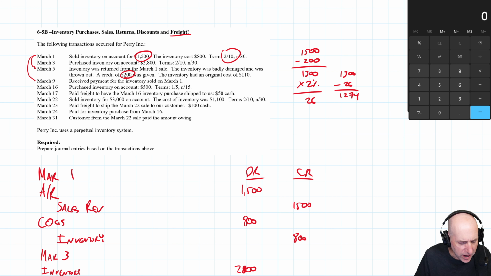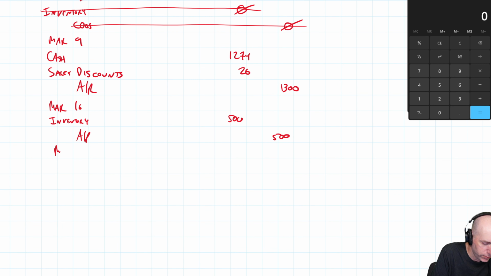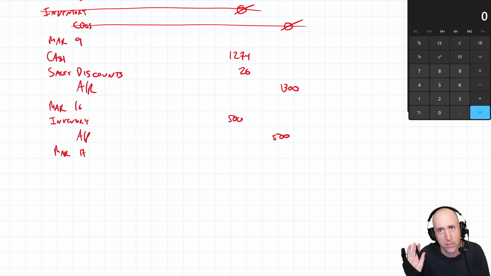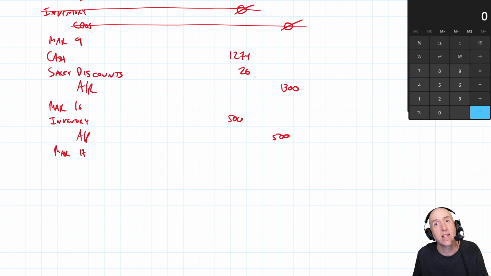March the 17th, paid freight to have the March 16th inventory shipped to us, $50. So we pay $50 freight on this. Okay. And it's a separate freight bill. A lot of times it'll be baked into the price, but it is very possible that we'll have a separate shipping arrangement. And apparently we've made separate shipping arrangements. So this is a funny journal entry.